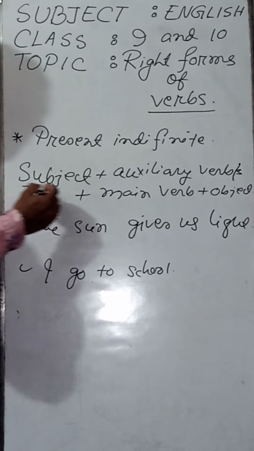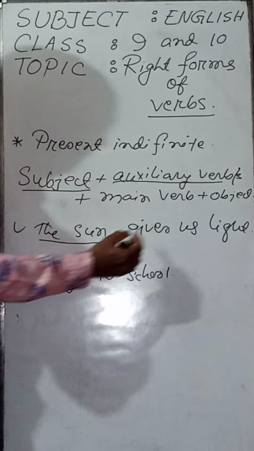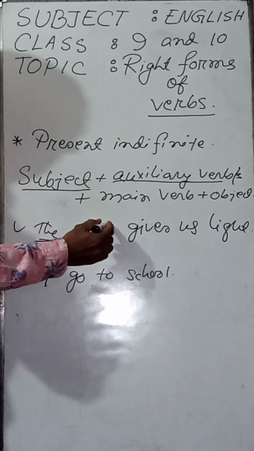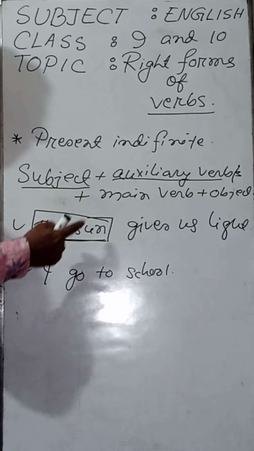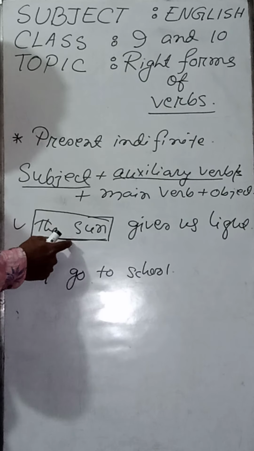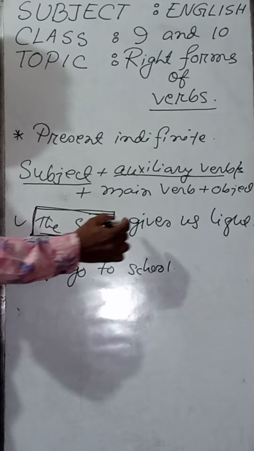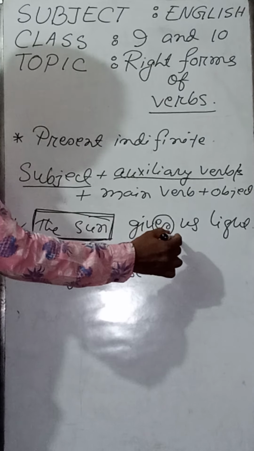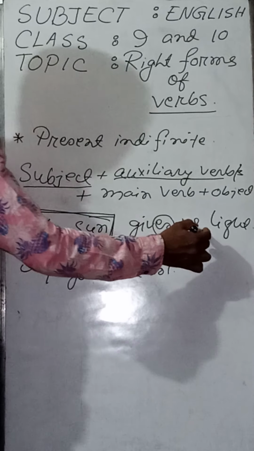First one, subject. The sun is the subject. Auxiliary verbs. You see, the sun is 3rd person singular number. If you find any sentence with 3rd person singular number, you have to add s or es just after the main verb, and this is the object.